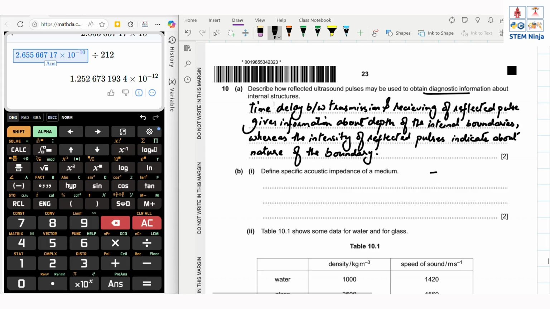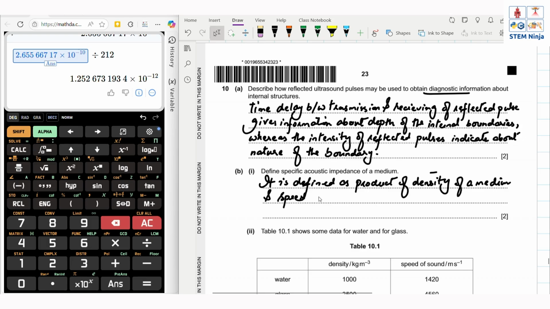So it is defined as the product of density of a medium and speed of sound in that medium.